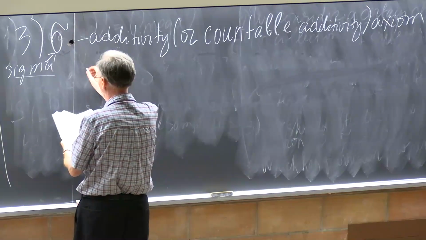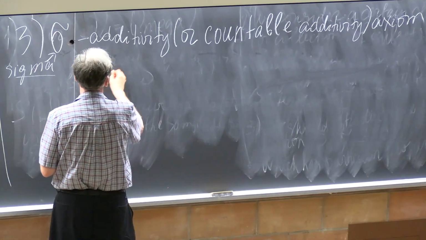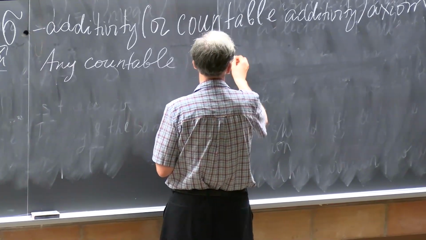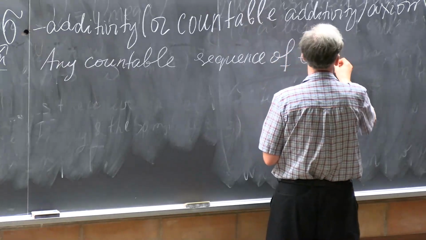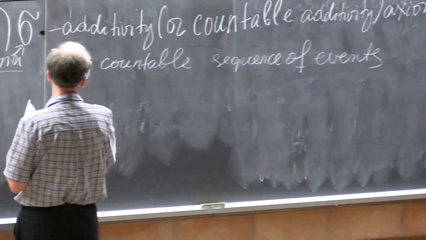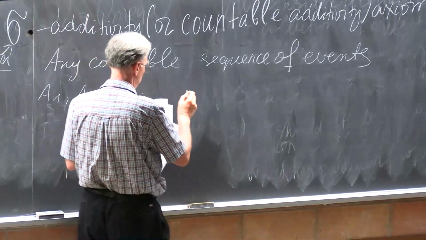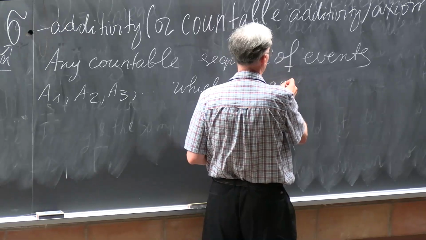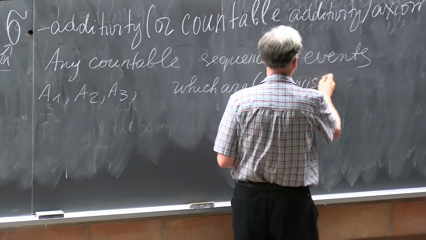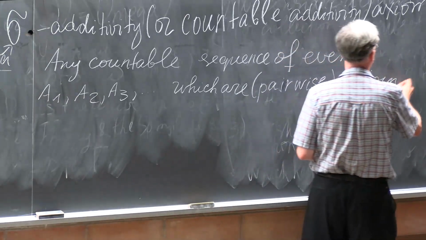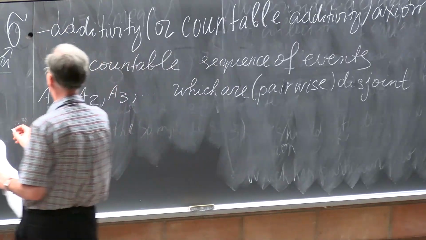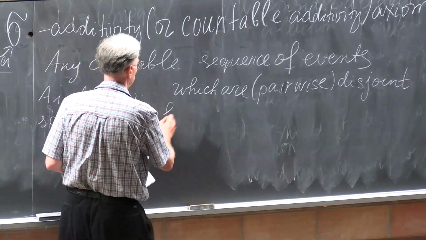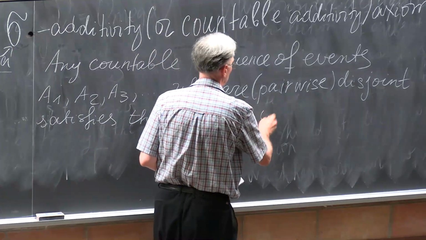Yeah? So anyway, any countable sequence of events A1, A2, A3, etc., which are pairwise disjoint satisfies the following identity.